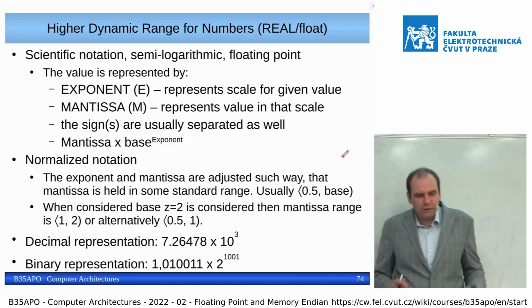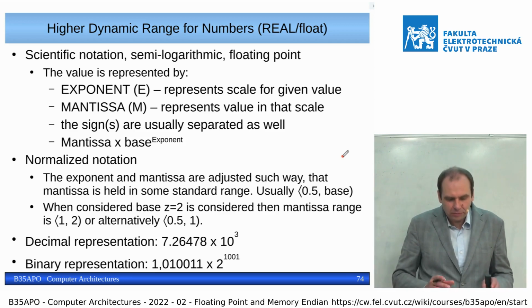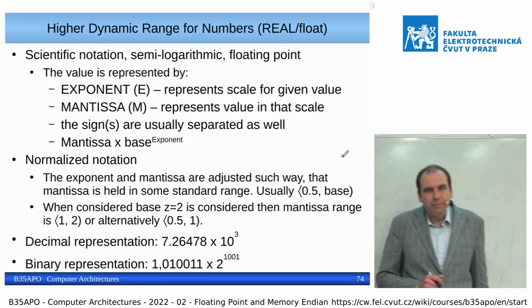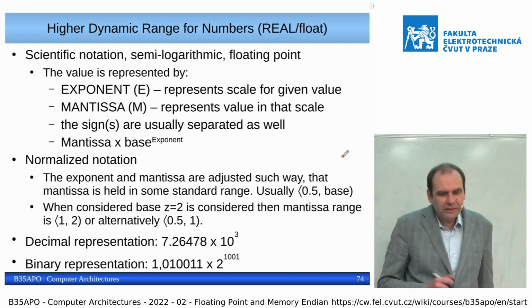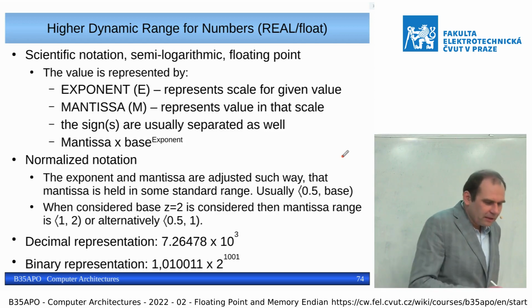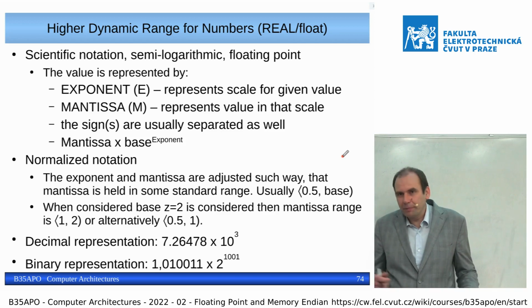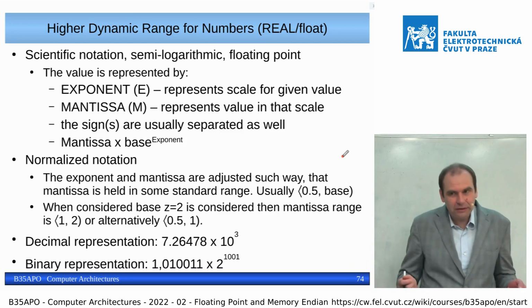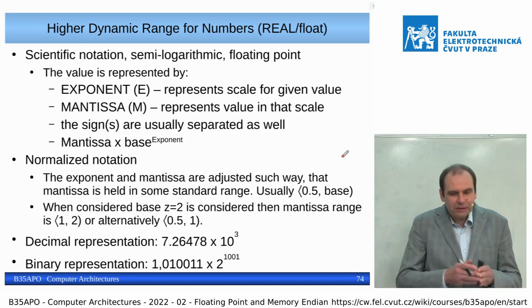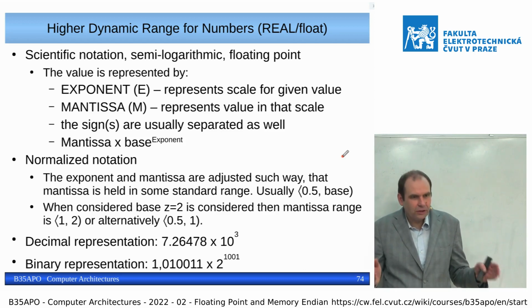Now we try to find a reasonable representation for how to store those data in memory. Why do we want to work with this? For example, if you do some physical computation and you need to multiply the elementary charge of the electron by, for example, the mass of the sun, then if you want such a wide fixed point representation, you need thousands of digits for each number.